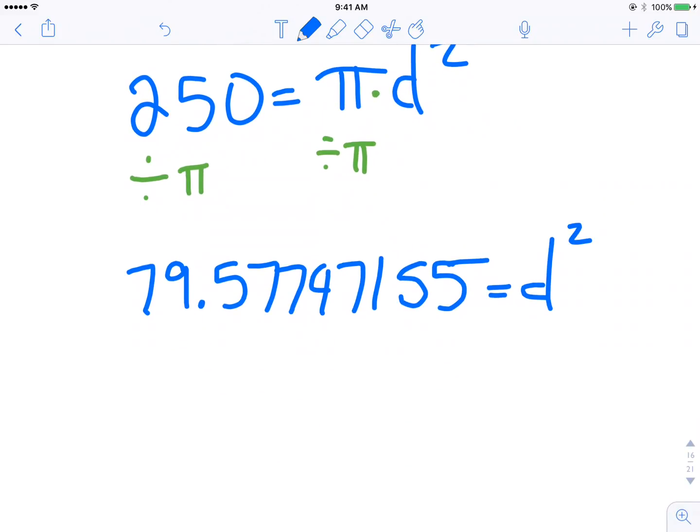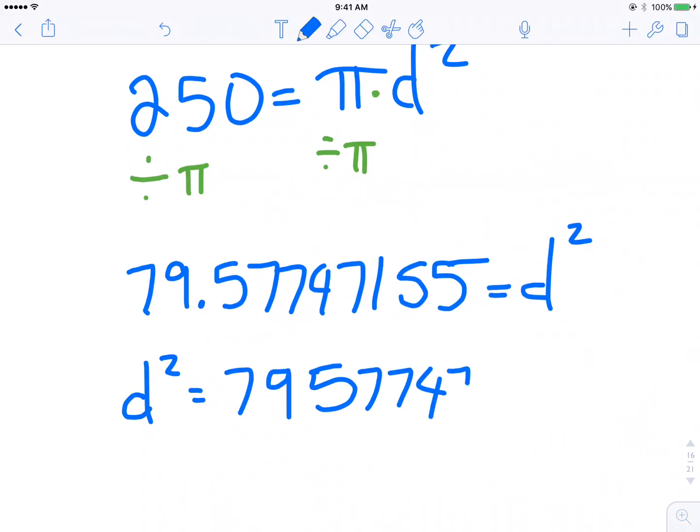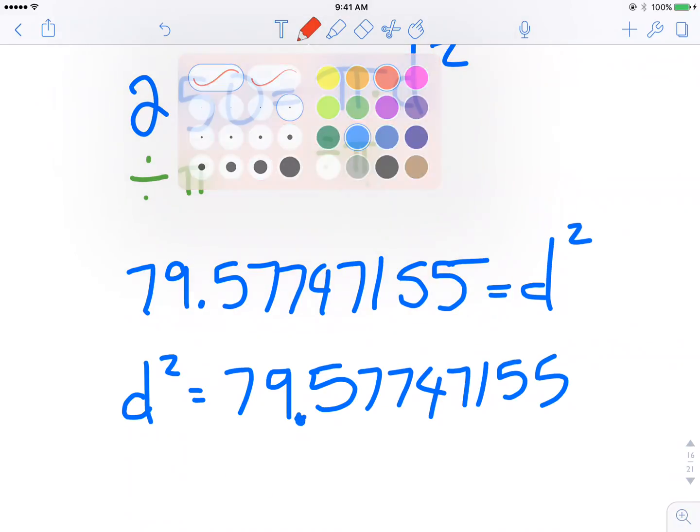I don't like having that written that way, so I'm going to write d squared the other way: d squared equals 79.57745.